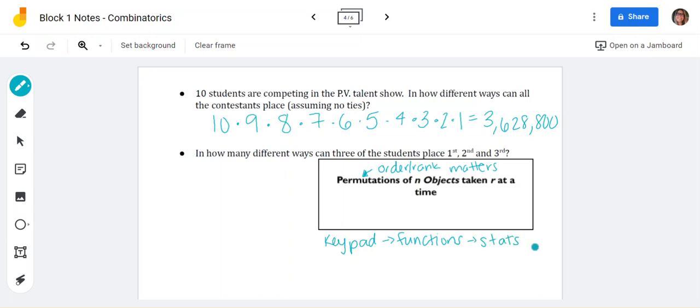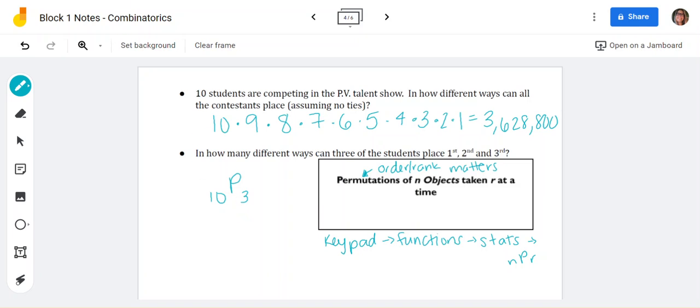The n stands for the number of things we're choosing from. So since there was 10 students in the talent show, and we're going to put them into the first 3 places, 10P3.